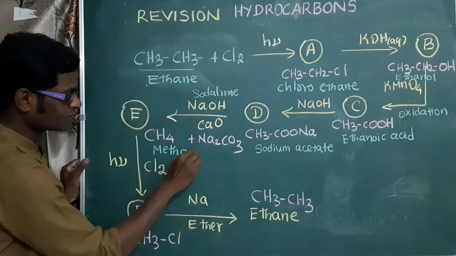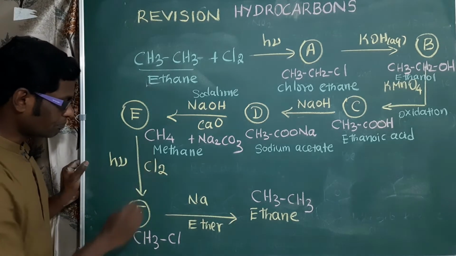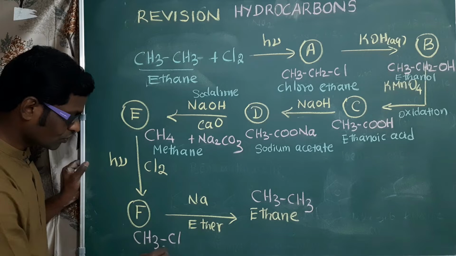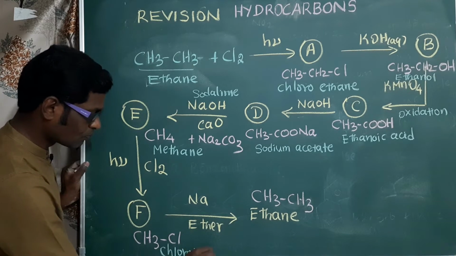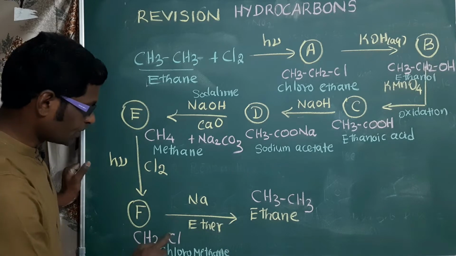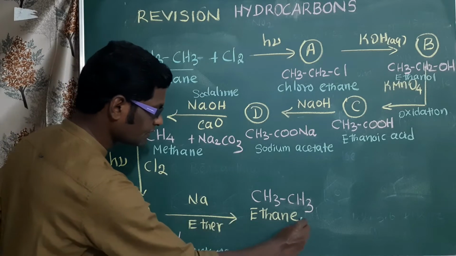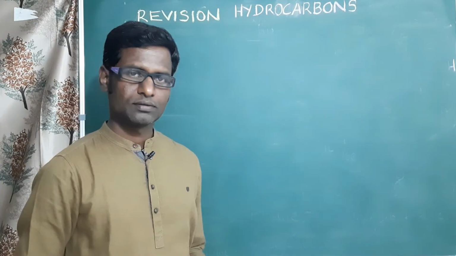So this reaction is called decarboxylation reaction. When methane is treated with chlorine in presence of light, we will get chloromethane. Again, this reaction is called photolytic substitution reaction. When chloromethane is treated with sodium in presence of ether, we will get ethane. This reaction is called Wurtz reaction.